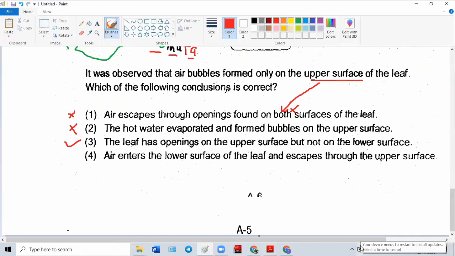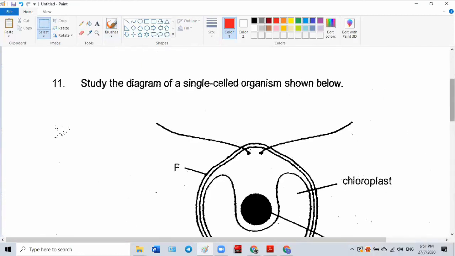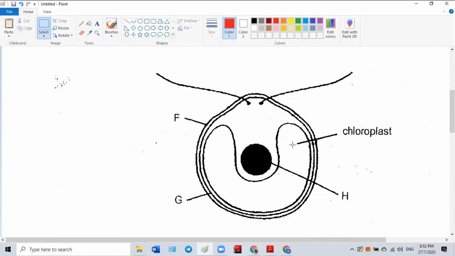Okay, this is a single cell. Does it look like you got chloroplast? Chloroplast means it must be a plant cell. Oh, this one tells you a plant cell. Okay, plant cell got what? Cell wall, right? Which one do you think is pointing to the cell wall? F. Yes, the cell wall is the outside one. Right. Which one is the cell membrane?